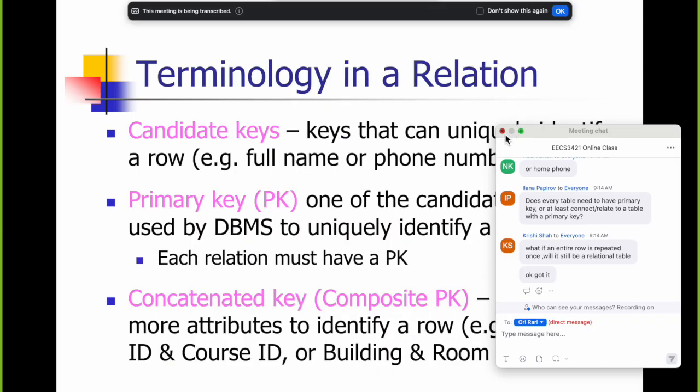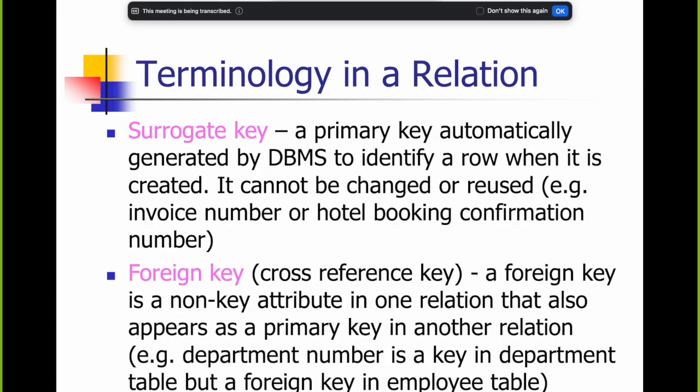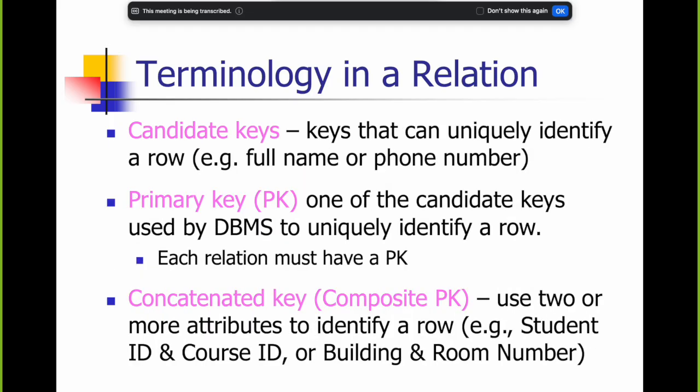Now, there are some terminologies: candidate keys, primary key, composite primary key, surrogate key, and foreign key. I'm going to explain these now. Candidate keys, as I explained before, are just a column or attribute that can uniquely identify a row, for example full name or phone number.